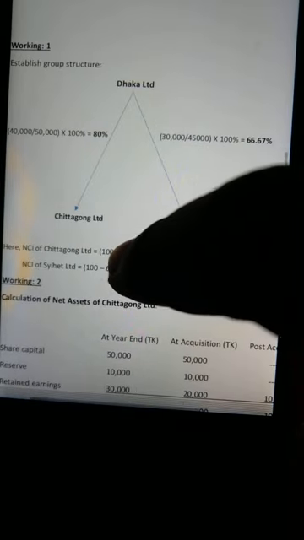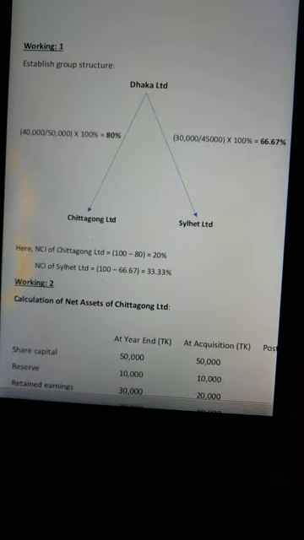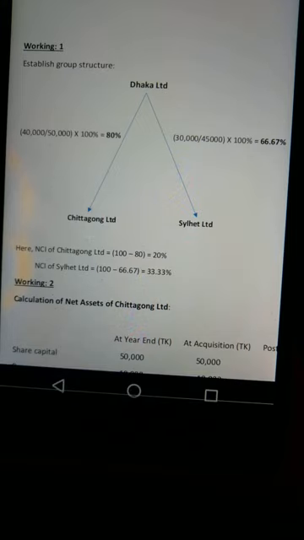So establishing group structure is very simple. First we write the 40,000, which is given for 1 share. The price of 1 share par is 40,000 divided by 50,000 into 100%. So Chittagong Limited has 80% control in the group structure; Chittagong Limited's 80% control belongs to the holding company Taka Limited.